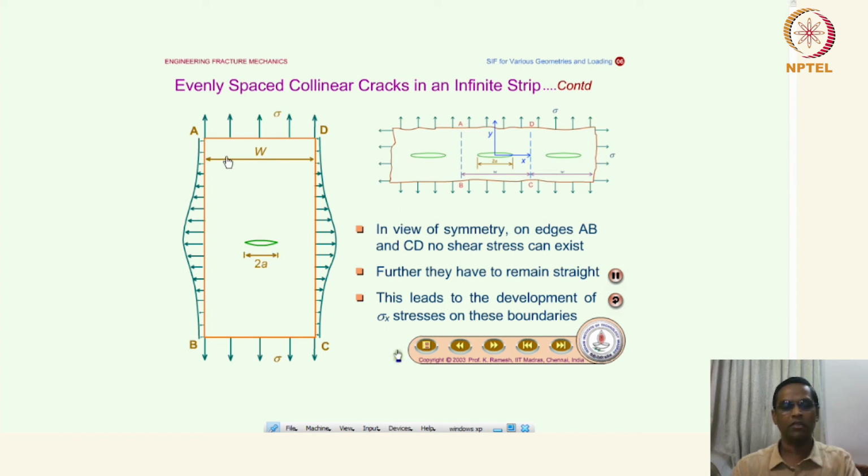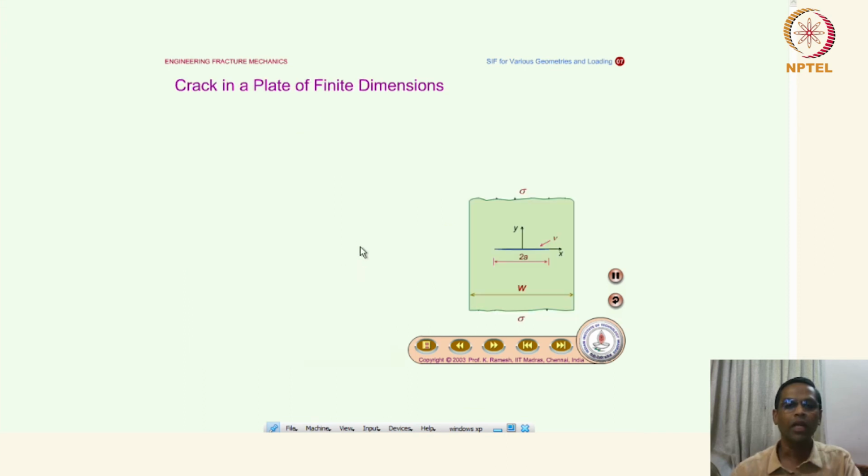In fact, that is why the factor a by W comes into the picture. As long as it all depends upon the a and W lengths, the influence of the sigma x stresses developed on the side is going to be decided. So that's why the a by W factor is brought in. That is very important.